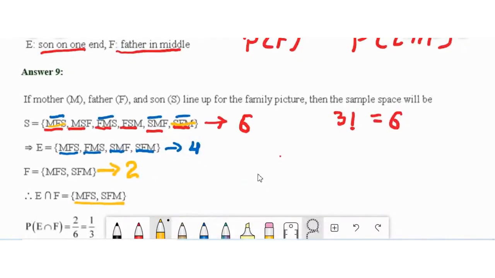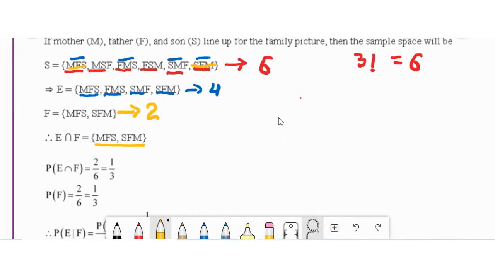Now once you have the outcomes of E intersection F, then I think it is not very difficult to find the probability. So P of E intersection F is equal to 2 by 6 because the favorable outcomes are 2 over here. So 2 upon 6 is equal to 1 upon 3.